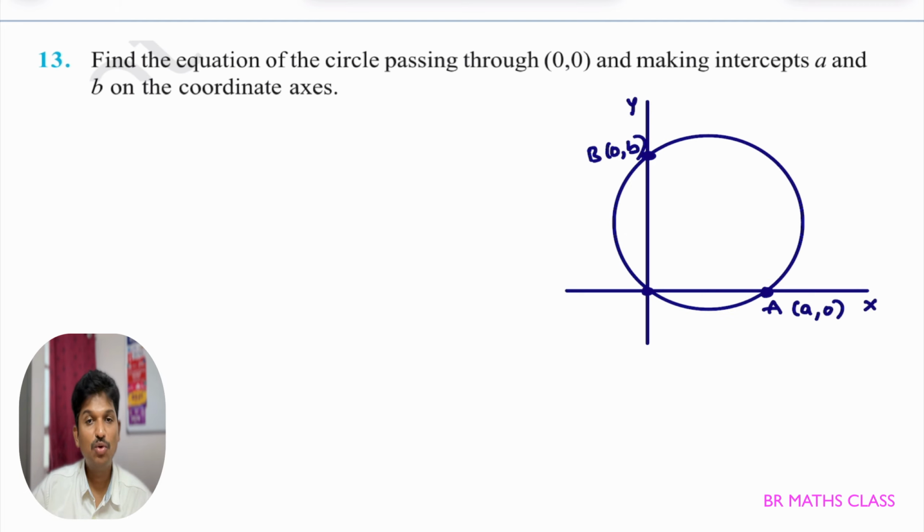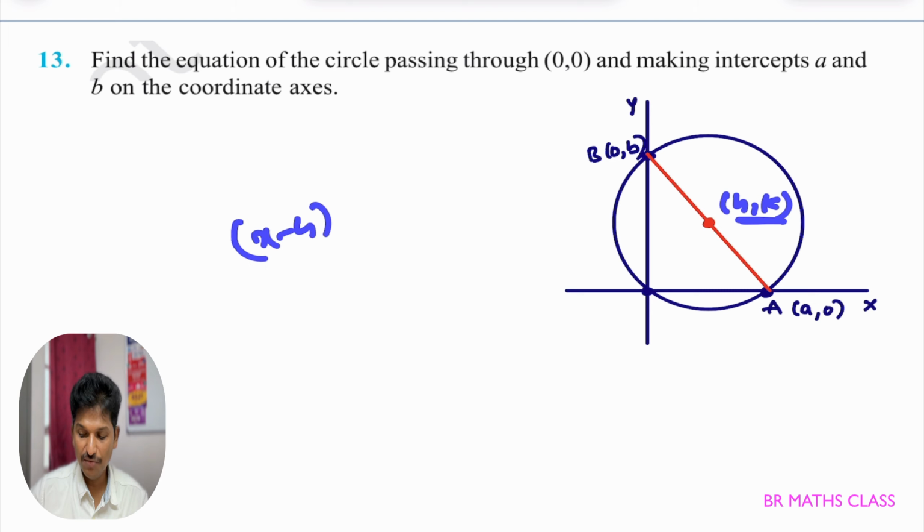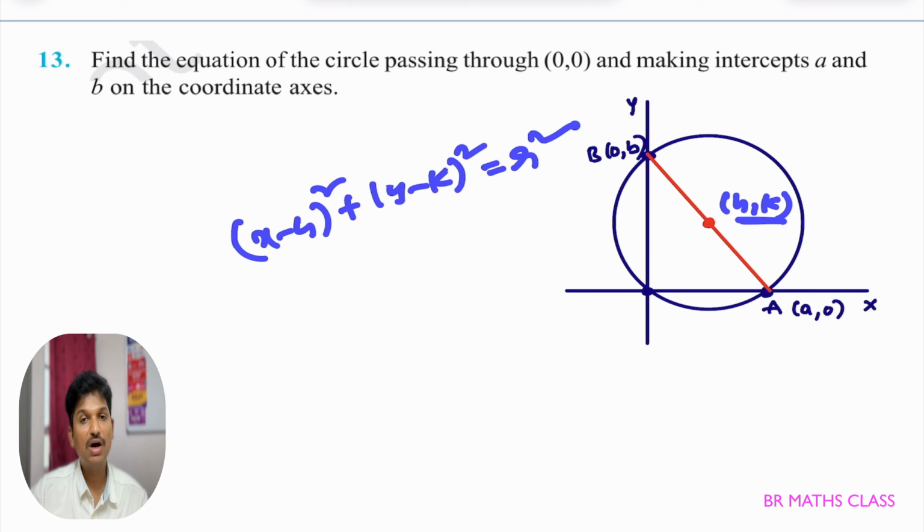So the point you need to understand, this acts as a diameter. That means the center lies on this diameter. Actually, what do you want to find? You want to find the equation of a circle. If you know center and radius, you can find the circle equation very easily with the help of this formula. X minus h whole square plus y minus k whole square equal to r square. With this formula, you can find the circle equation.